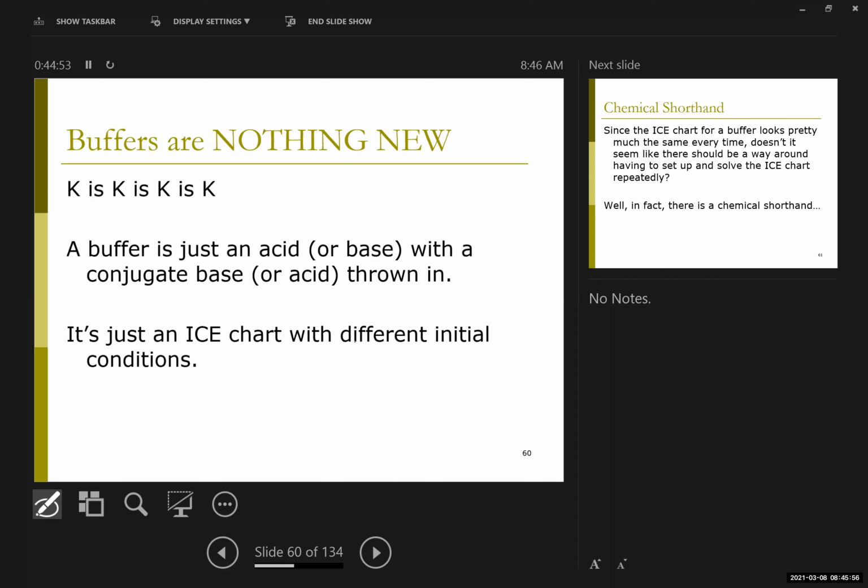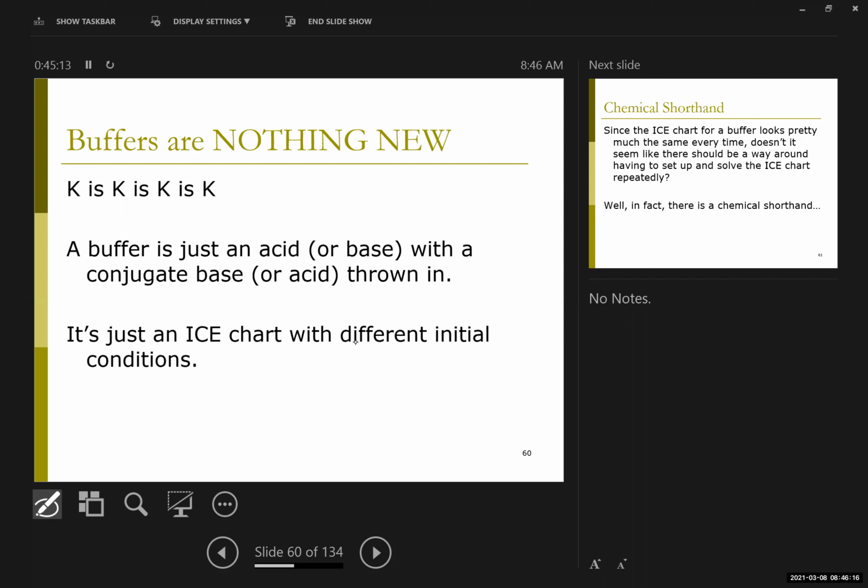And part of me wants to never discuss what I'm going to discuss next, because it confuses the issue, perhaps, for acids and bases which aren't buffers. A buffer is sort of a special case of what is just really a normal Ka or Kb reaction.